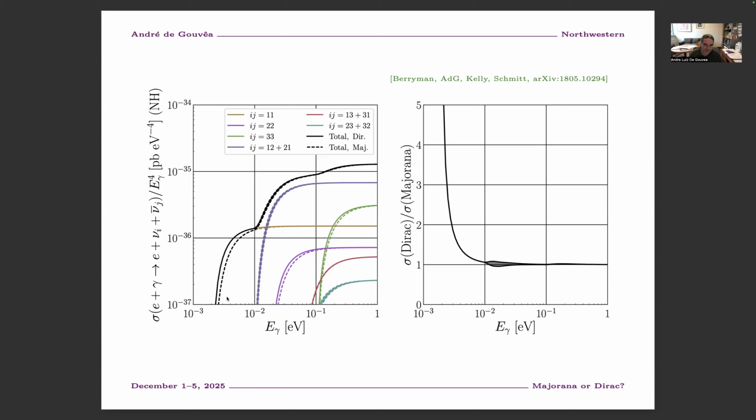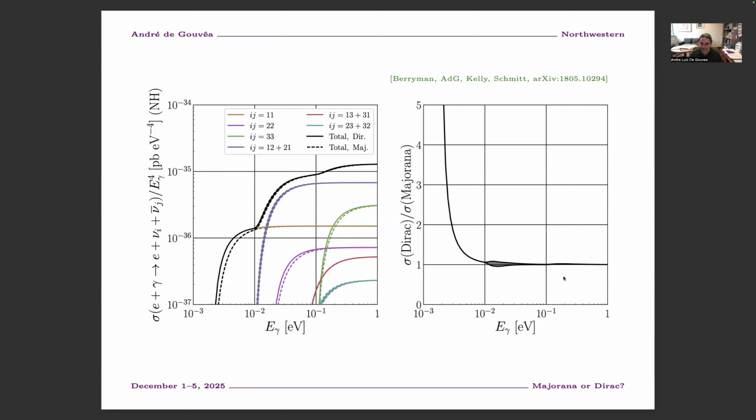And the other thing that this figure also shows are the solid lines versus dotted lines. And that's the difference between the Majorana and Dirac. So that's what's plotted on the right-hand side. In the right-hand side, we take the ratio of the cross-section between the Dirac hypothesis and the Majorana hypothesis. And you see that for low enough photon energies, the difference is big. The difference in these cross-sections can be about a factor 4 or 5 or something like that.